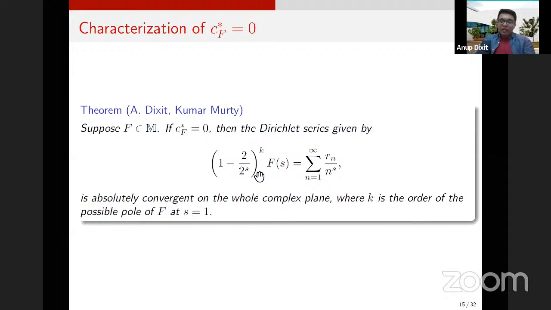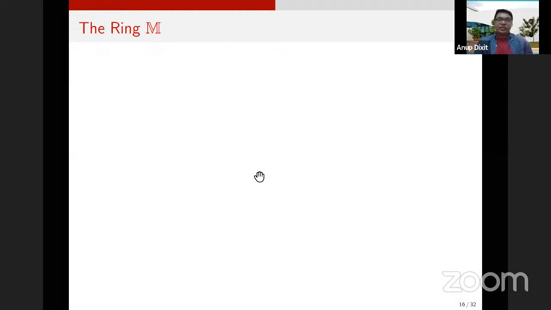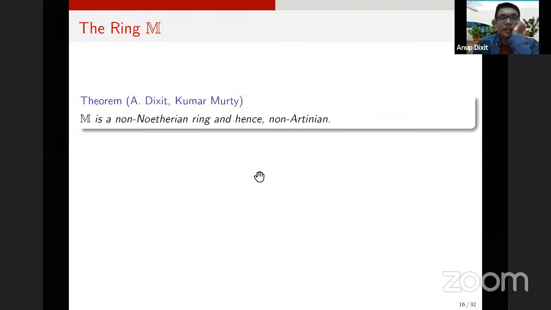Another problem that one can look at: first, let me discuss certain algebraic properties of this ring M. It's a non-Noetherian ring, and hence it's non-Artinian. Usually, when you prove something is non-Noetherian, that's a bad thing. But in this case, it actually gives us a little hope about something else.